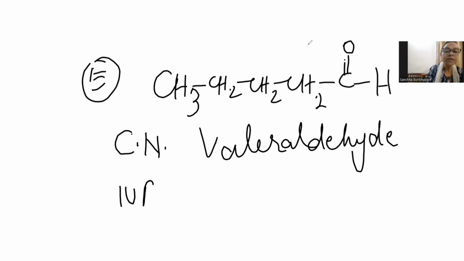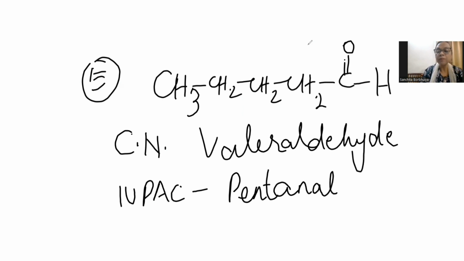And its IUPAC name is, remove the E from pentane and add al, pentanal. This is a very important compound used for making a lot of perfumes and flavoring agents. This compound has a fruity flavor. So it is used to make a lot of perfumes and stuff like that.